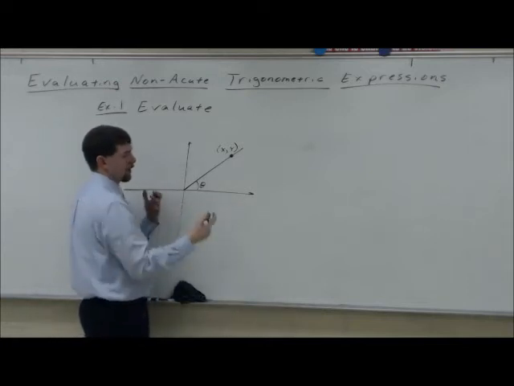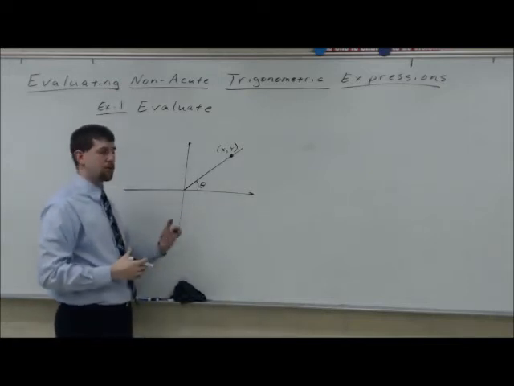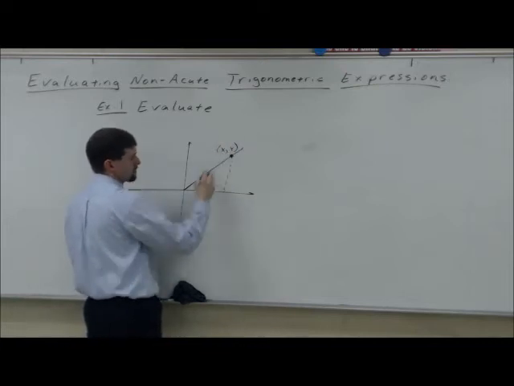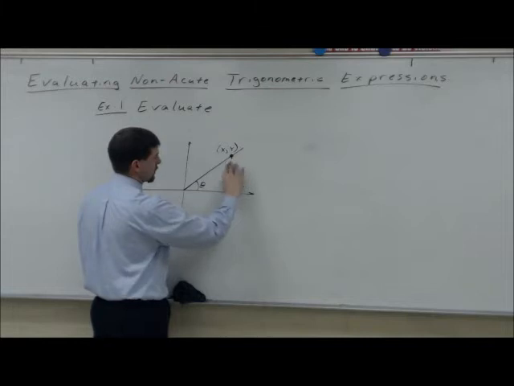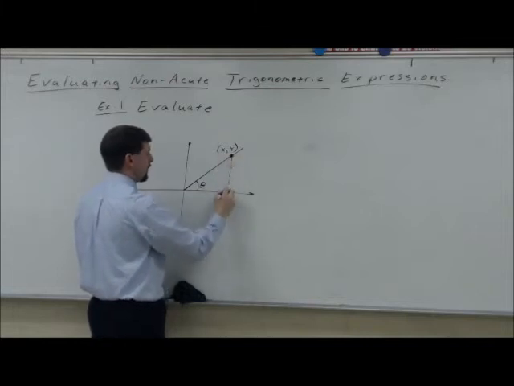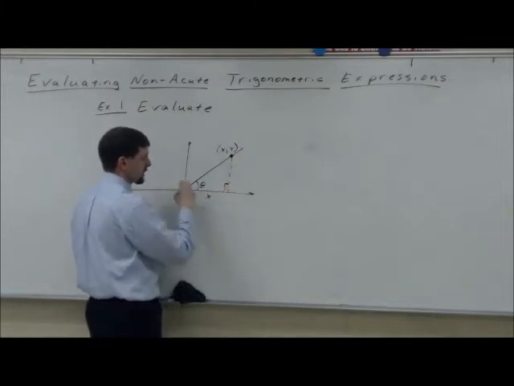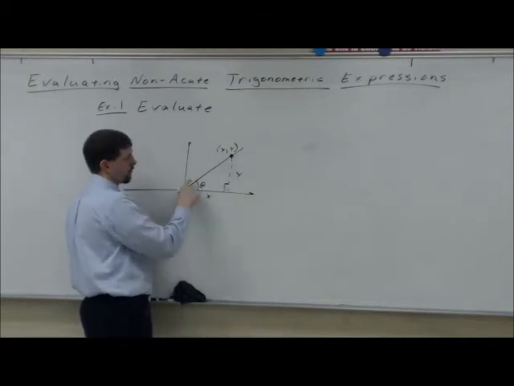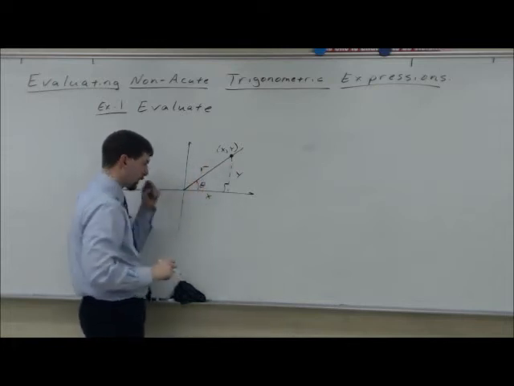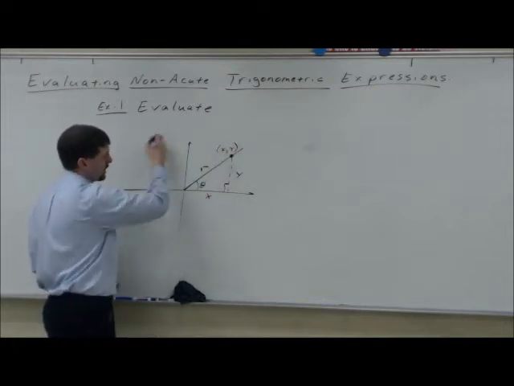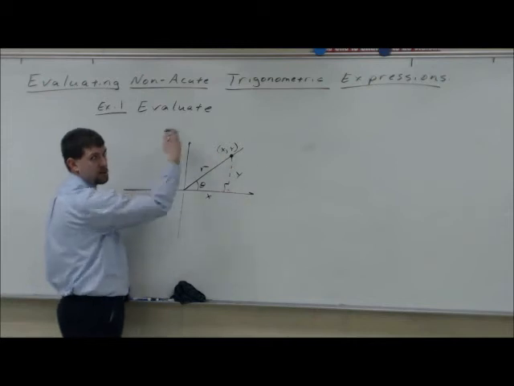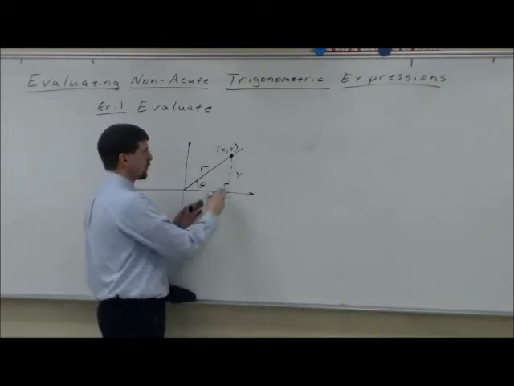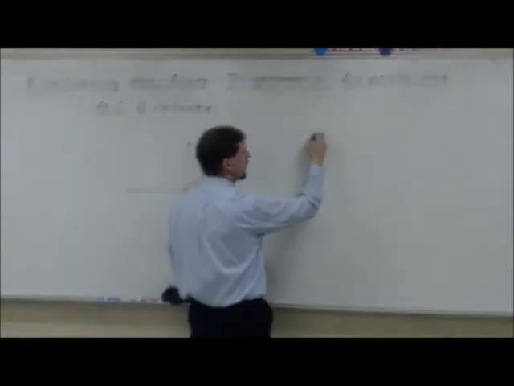Now we want to be able to use our trig definitions, our trig ratios. To do that, I need to be able to build a right triangle. So from this point (x, y), I can build the right triangle that has a horizontal distance x, a vertical distance y, and then this distance from the origin to the point, we'll call that r. We call that r because we're rotating all the way around, so it's like the radius of the circle.